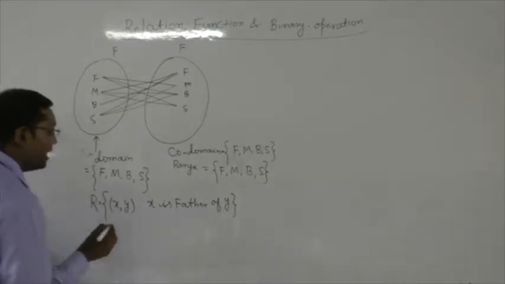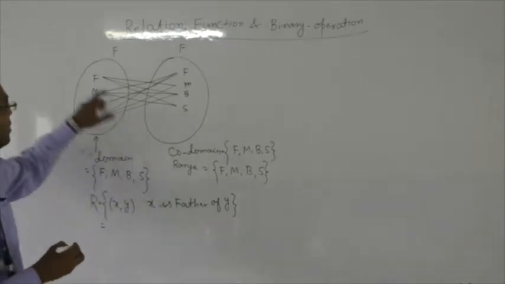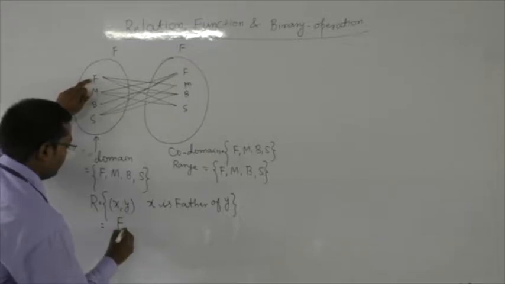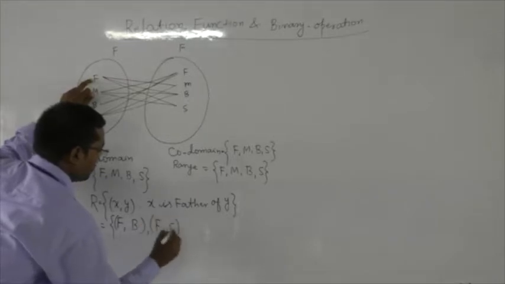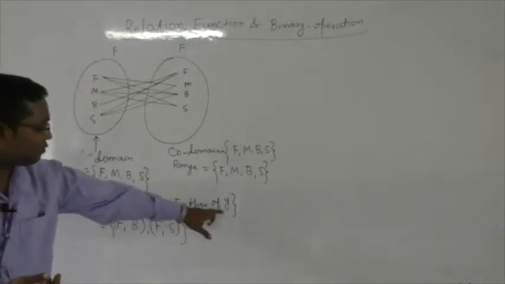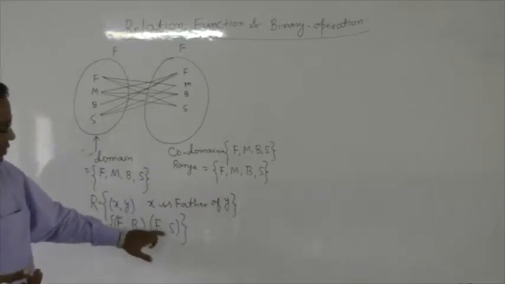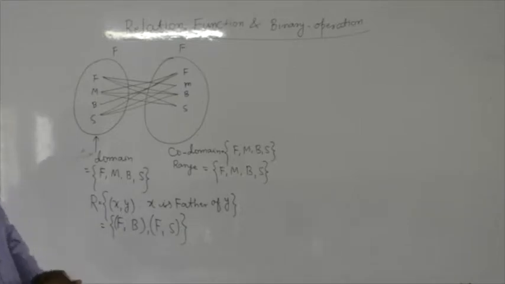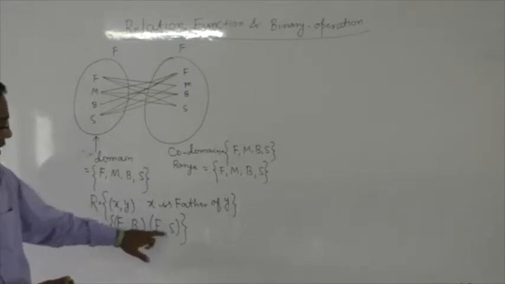Here, what elements will belong to this relation on this family? x is the father of y. So here, father-brother and father-sister will belong to this relation. Why? Because x is the father of y means father is the father of brother, father is the father of sister. So in this relation we have two elements.